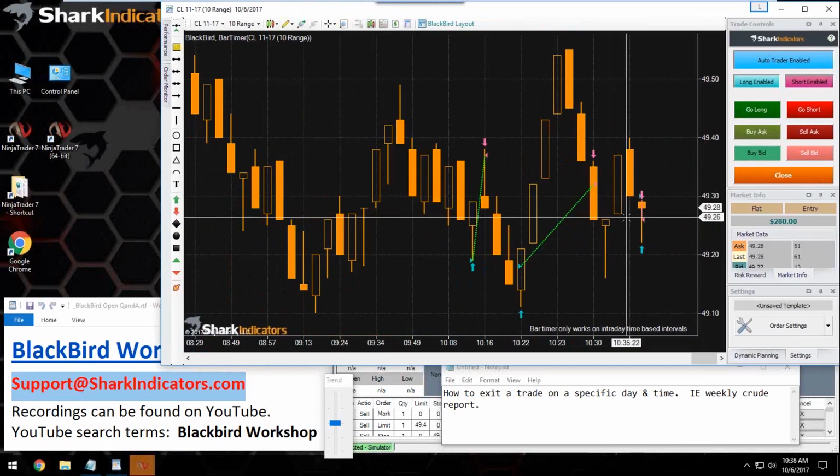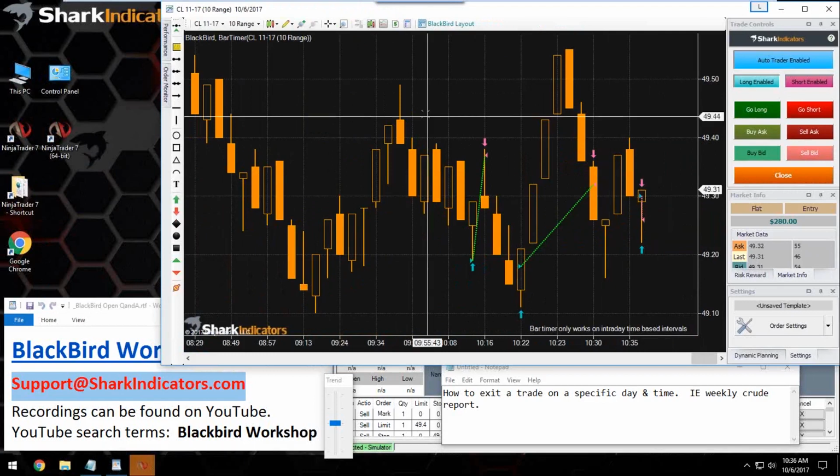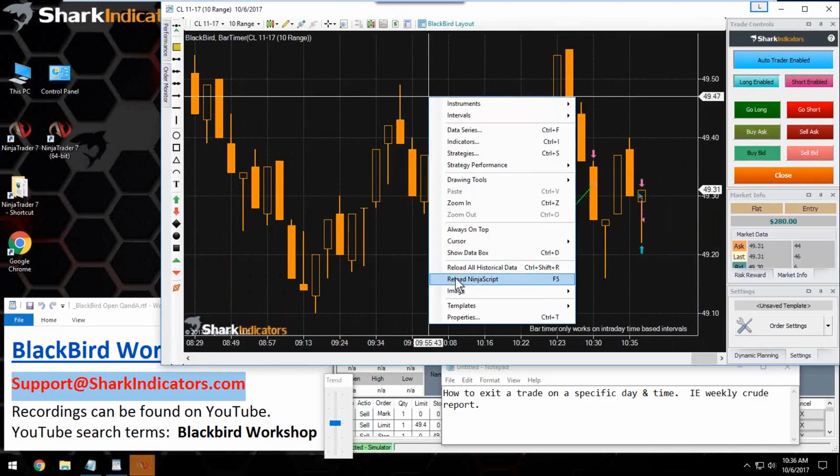Otherwise BlackBird will lose its connection to the orders that are open. So never reload your chart when BlackBird has an order open. Always make sure that BlackBird's flat before you ever reload the chart, because otherwise NinjaTrader will lose the connection between the orders and BlackBird.